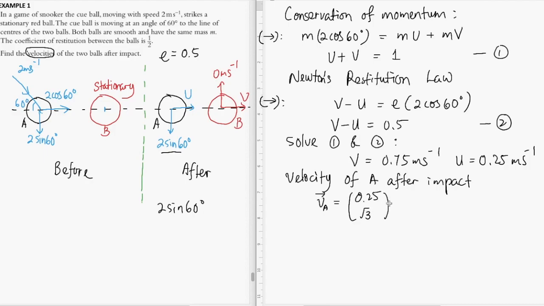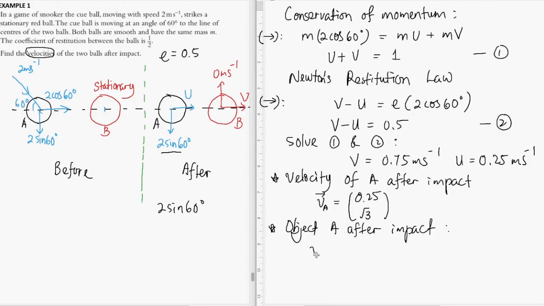Therefore you can describe the velocity of A after impact in the form of a vector. Now if you don't want to represent the velocity of A in the form of a vector, we can state its speed after collision.